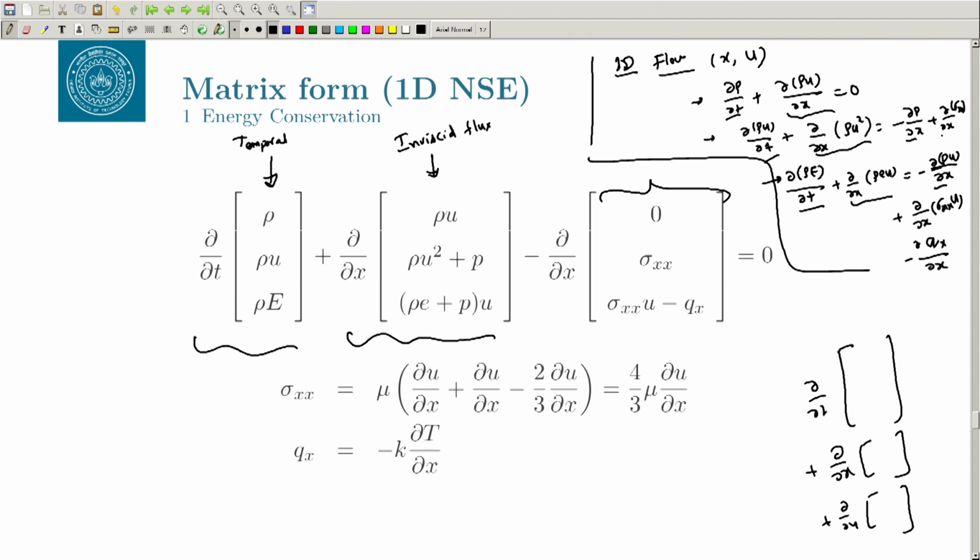So, what are the viscous terms here? This term depends on viscosity, and also you have the thermal conductivity term. This all can come together here and this is your viscous flux.